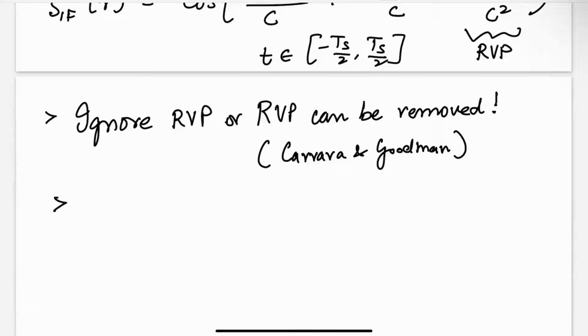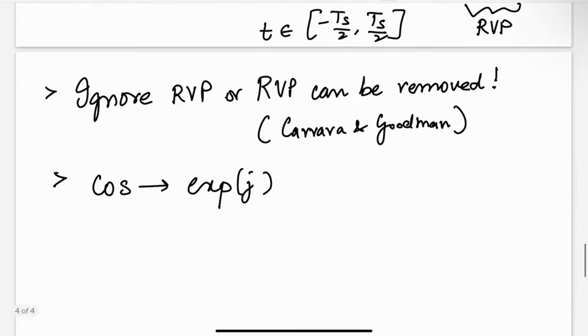And for simplicity, I'm also going to convert the cosine to a complex exponential. Now, in some FMCW systems, they do actually have I and Q signals, so you can have a complex signal. But if you don't have that, if you just have a real signal, just the cosine term, this is still okay. One thing you can do is go to the Fourier domain, remove the negative frequencies and come back.